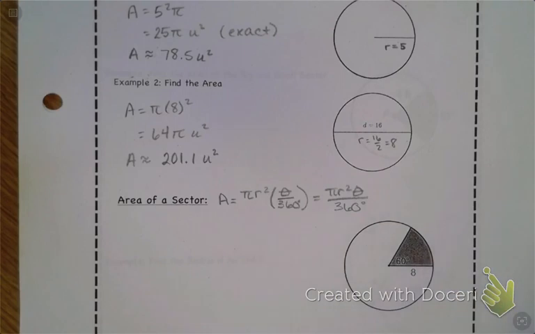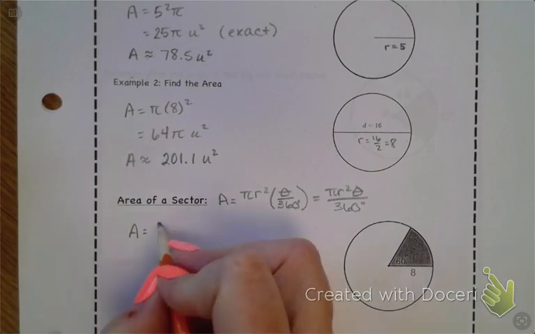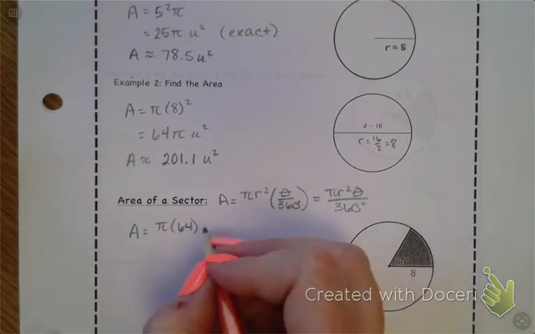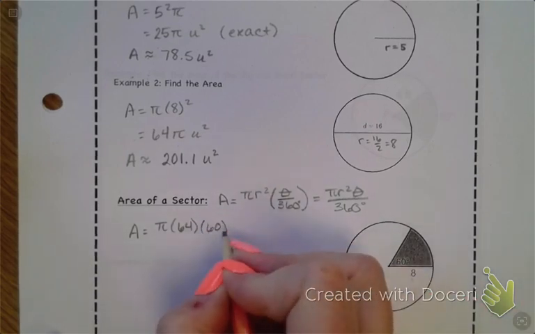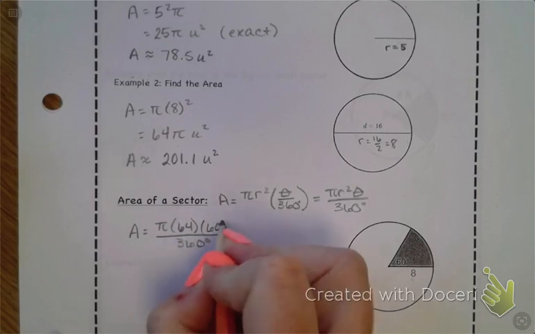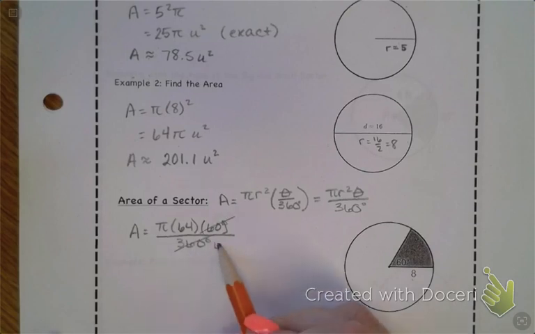So here we have 60 and 8. So the area of the sector is going to be pi times the radius squared, so 8 squared, 64, times the theta, which is 60, all over 360 degrees. And 60 goes into 360 six times.